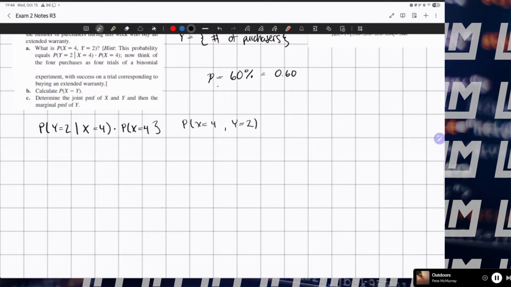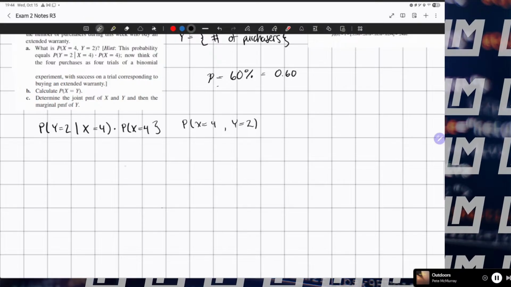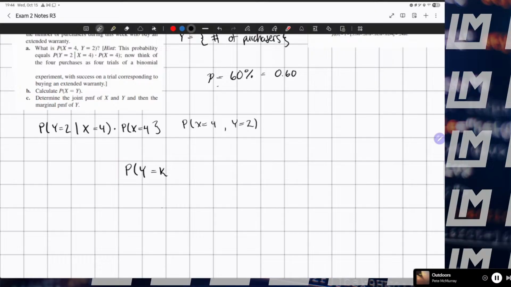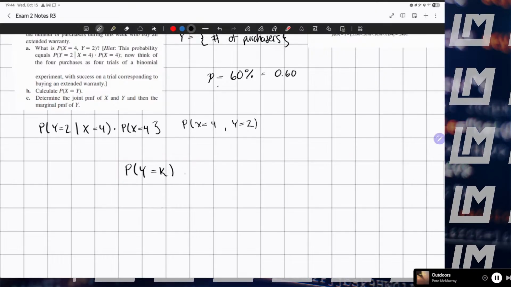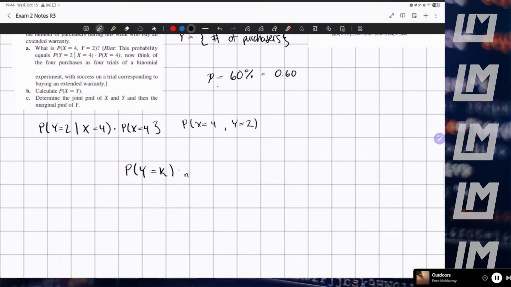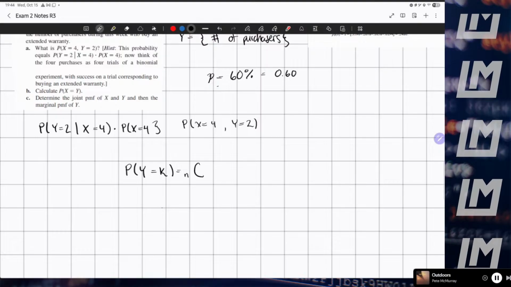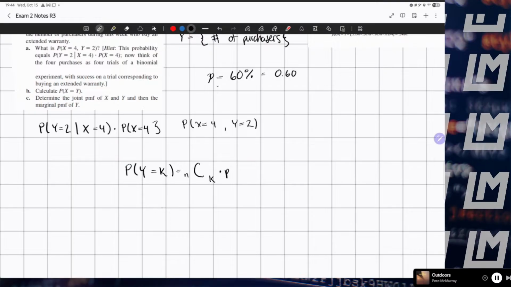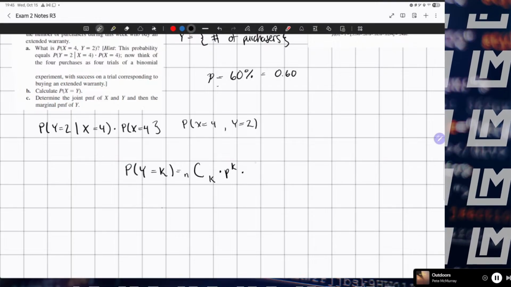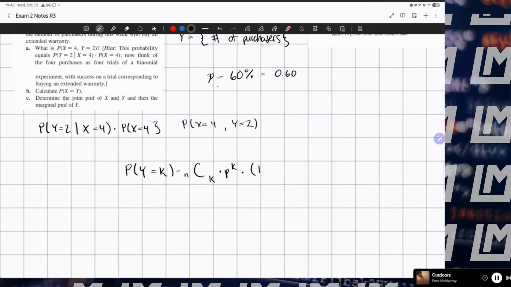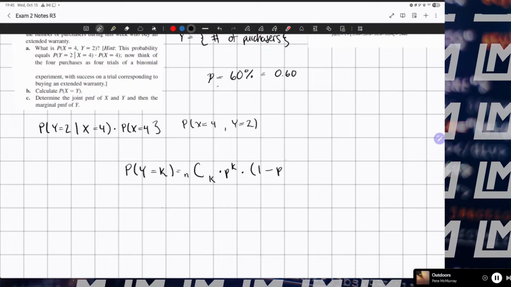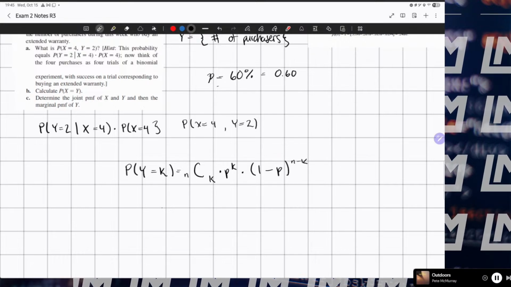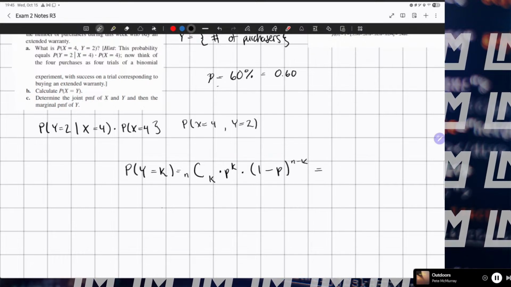So it's saying right here that the probability of y equals k, where I guess k is some constant, is n choose k times p to the power of k times 1 minus p, which is q, because it's a complement, to the power of n minus k, which I guess is the overall formula.